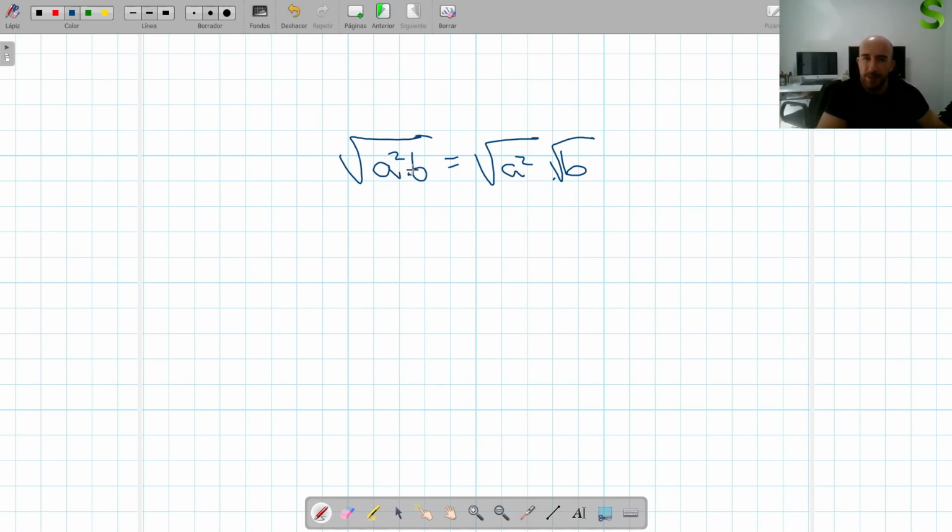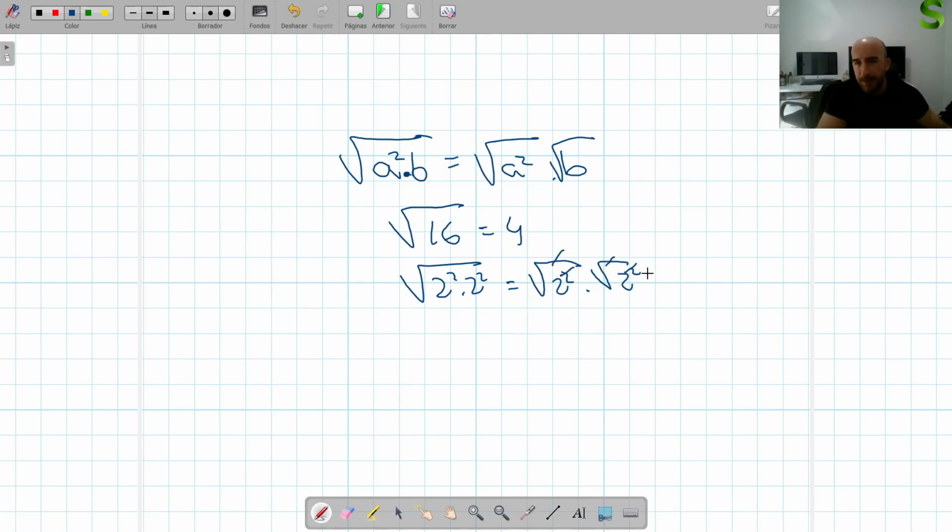As long as it is multiplying, you can turn it into 2 square roots. If you ever have a doubt, for example, take the square root of 16, which you know is 4, and it can be written as 2 squared times 2 squared, which is the square root of 2 squared times the square root of 2 squared, and that is 2 times 2 is 4, which is correct.